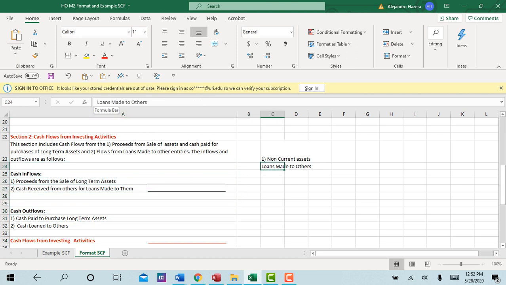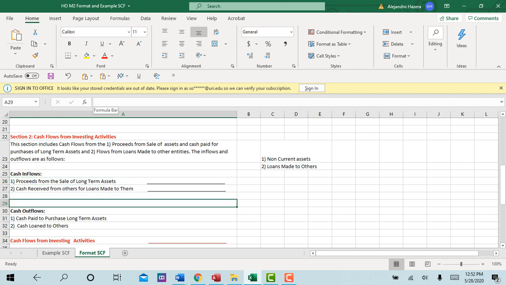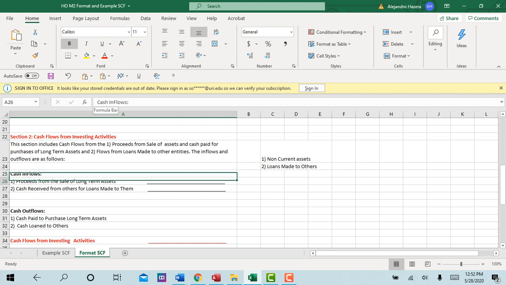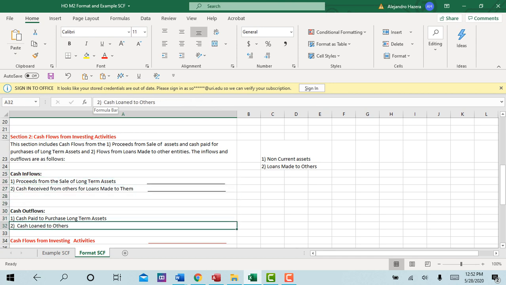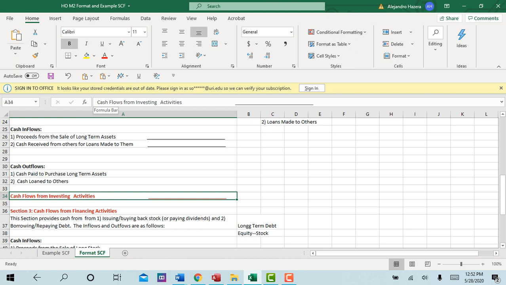Activity number two here is loans made to others, not cash borrowed from others. So when you make loans to others, the receipt is when they pay you back, and the outflow is when you actually make the loan out. You add these things up, and there could be these four things. There should be lines there, but you add these things up, you'll get cash flows from investing activities.